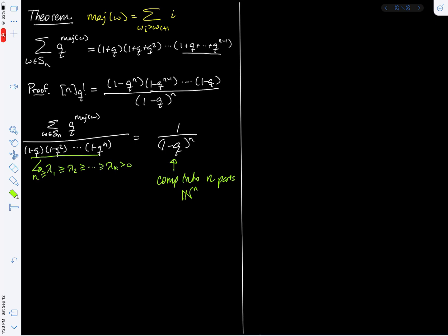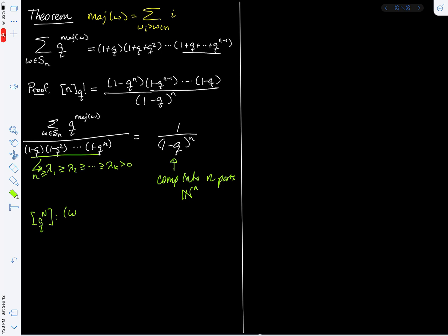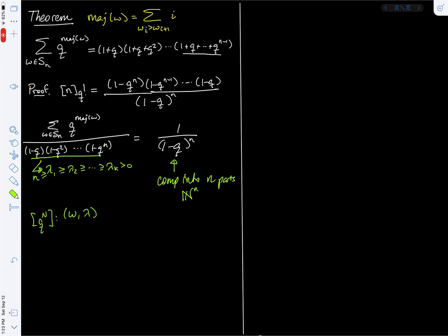So if we want to take the coefficient of q to the N on both sides, what do we get? Well, on the left-hand side, we're going to take a permutation and a partition. And the N means we need to have that the major index of the permutation plus the size of the partition, that's what contributes to the degree, has to equal N. And again, we have the caveat that here we want lambda 1 to be less than or equal to n.